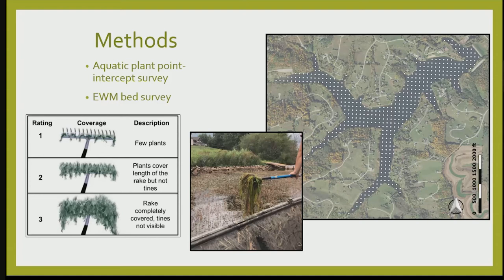On the left-hand side, you see the rating of rake fullness: a 1 is very few plants, a rake fullness of 2, the rake head is covered, but the tines are not, and a rake fullness of 3, the rake head is completely covered. So that's just a really quick overview of the methods because as I present the results, it'll be handy to know how we collected the information.